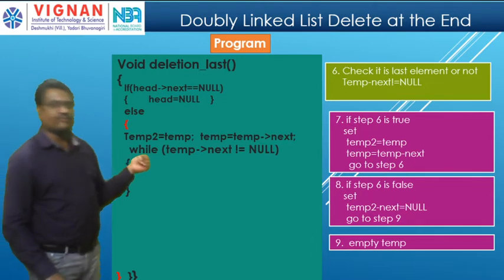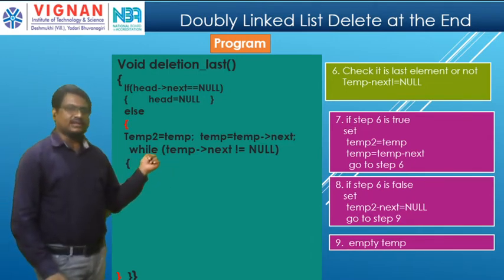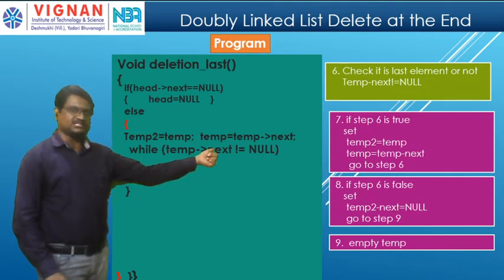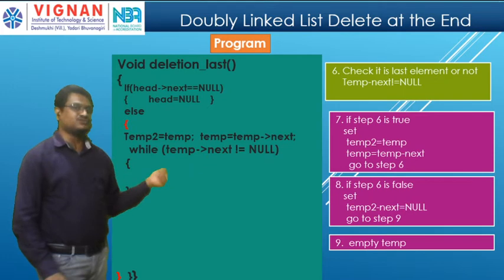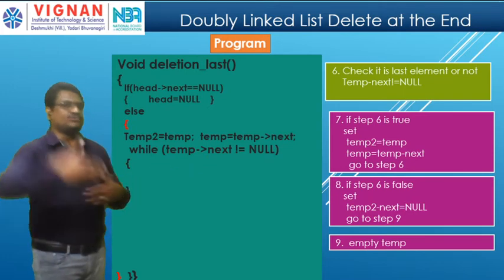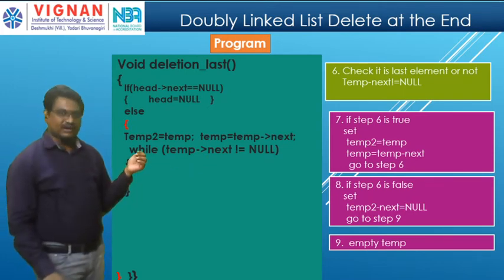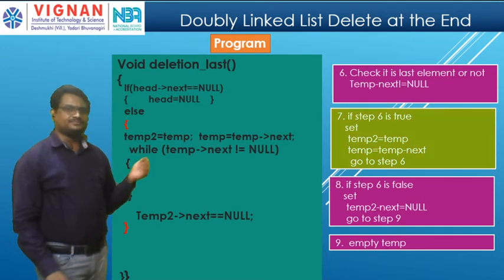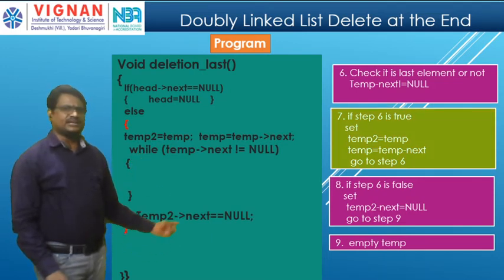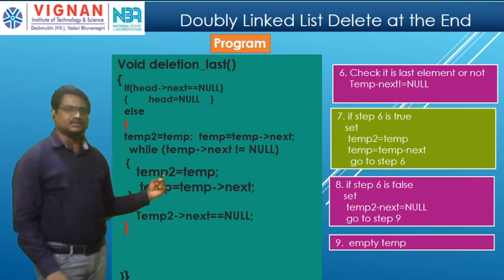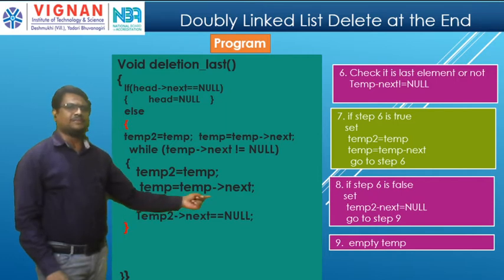Okay, now here I will write the while. It is a condition. If it is true, that means it is not equal to null, then I have to swap. I need to move forward. For that, again I am repeating these statements: temporary 2 stores temporary, temporary stores temporary next.